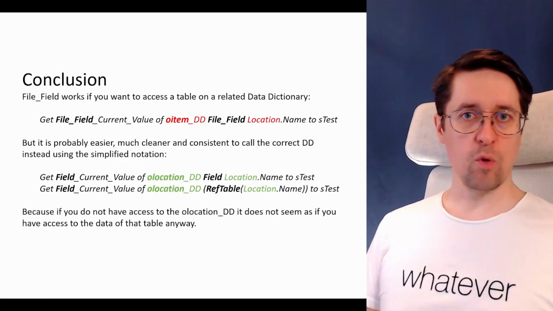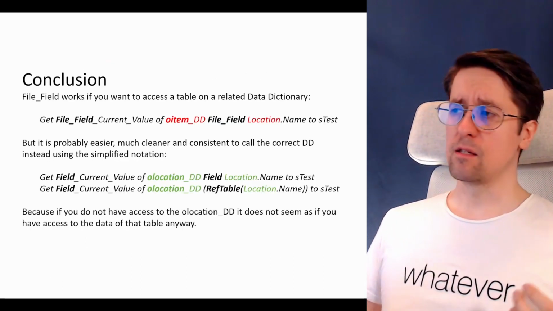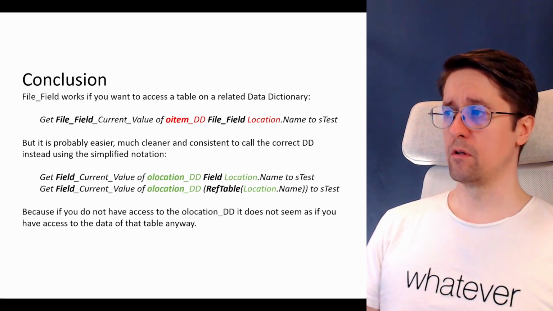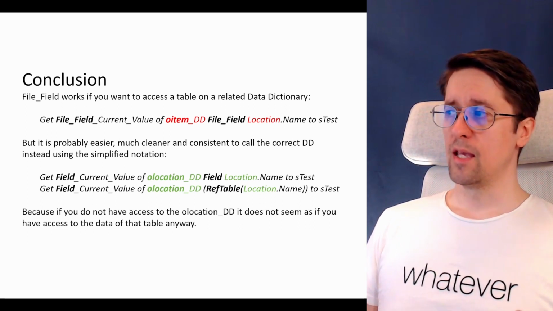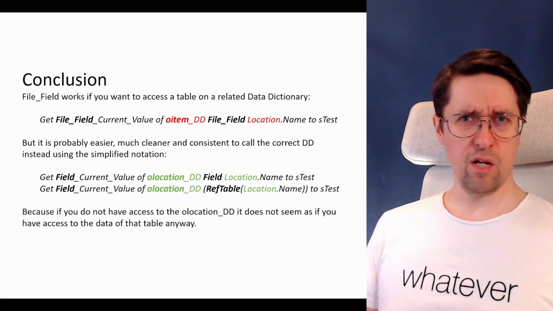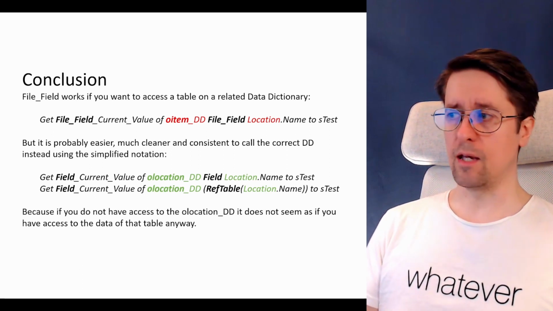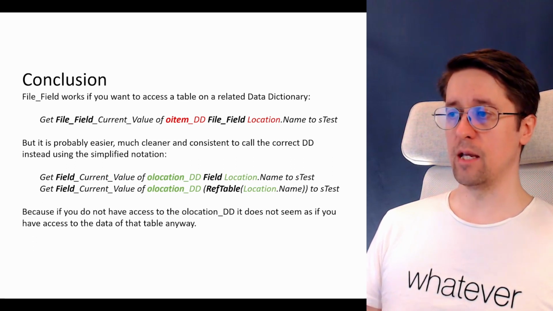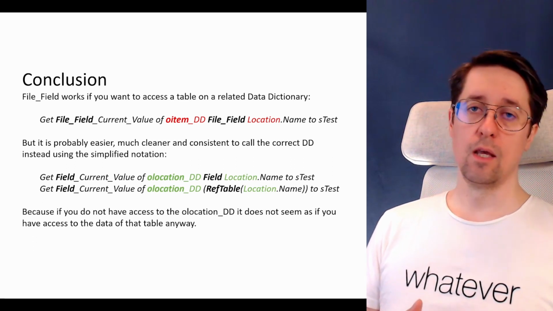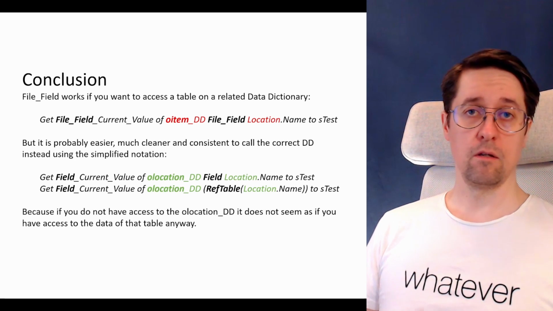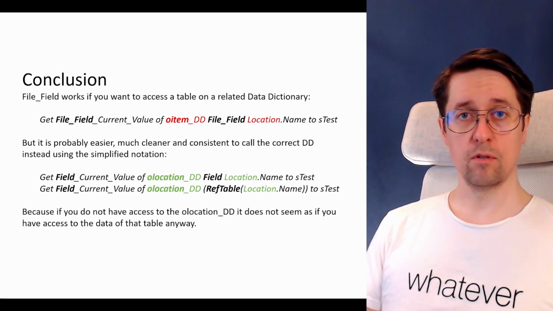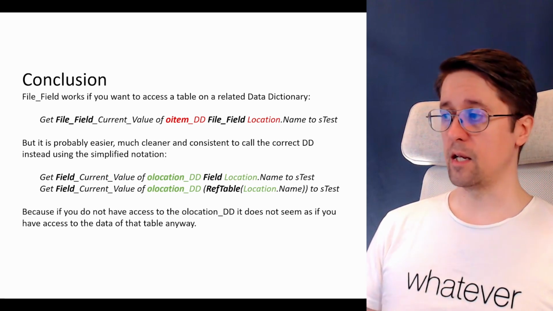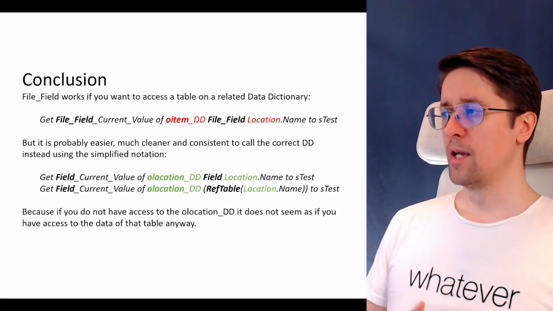So based on what we have seen so far, it seems like the file field version of get current value really is kind of pointless, and we can in any case use the get field current value of the remote data dictionary, as long as we provide the data dictionary reference.